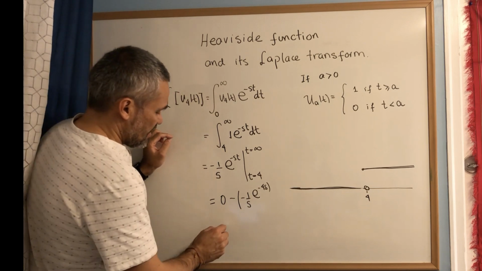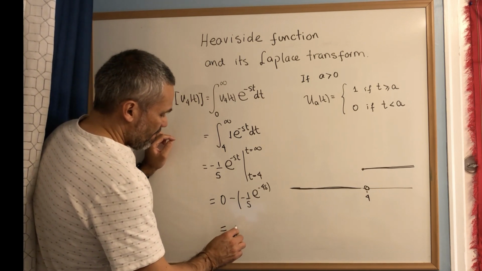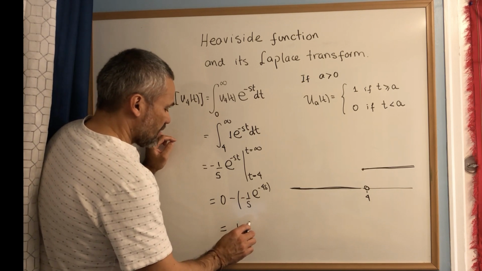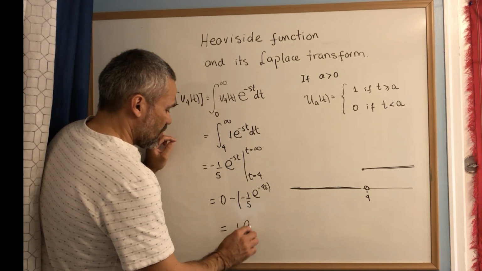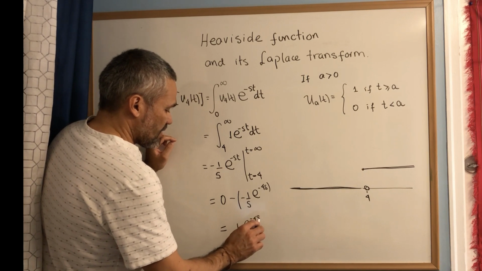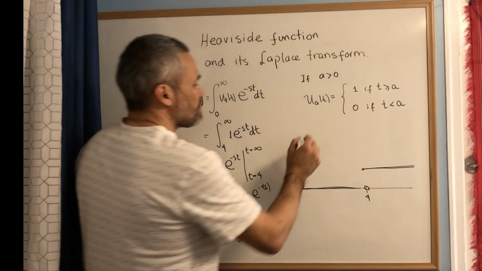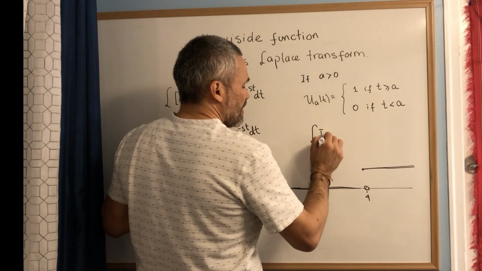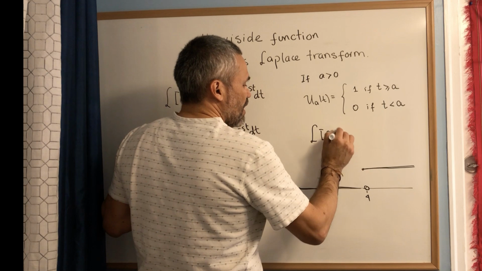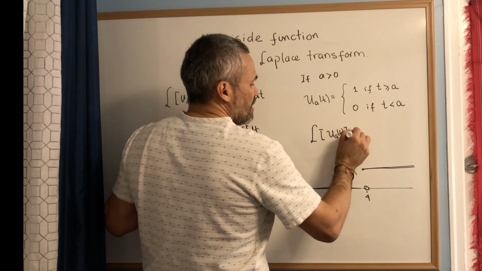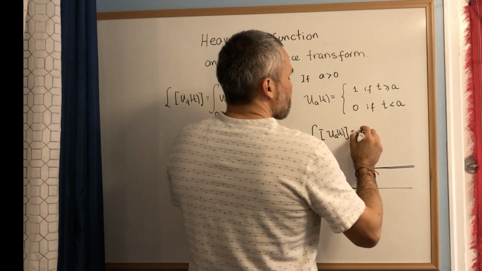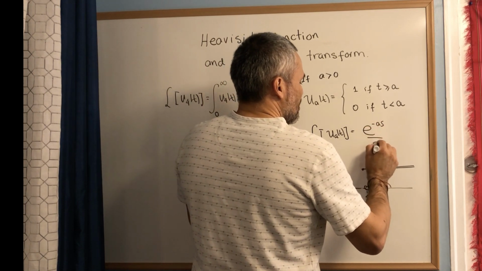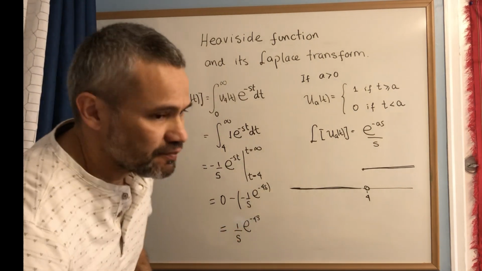That means this integral is equal to 1 over s times e to the negative 4s. Okay, then we have this formula. In general, if we change the 4 by an a, the Laplace transform of u_a of t is equal to e to the negative as over s.